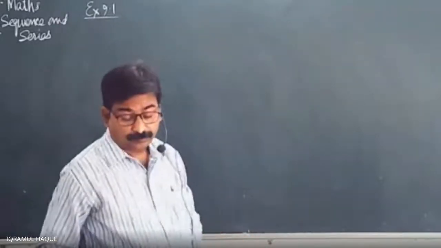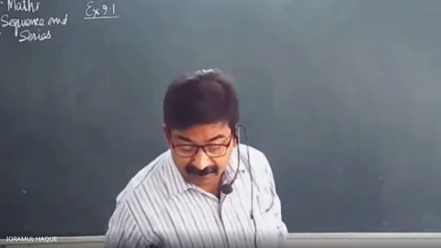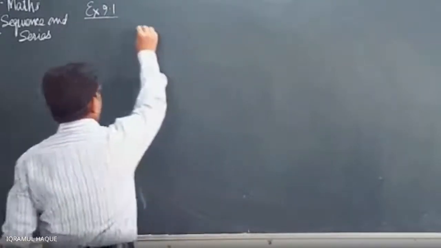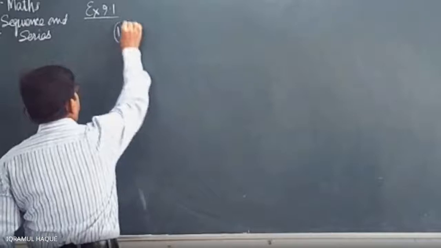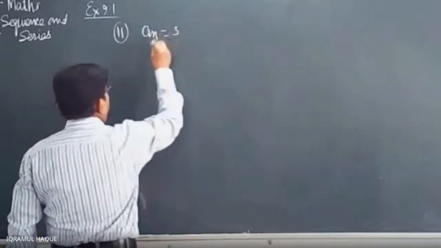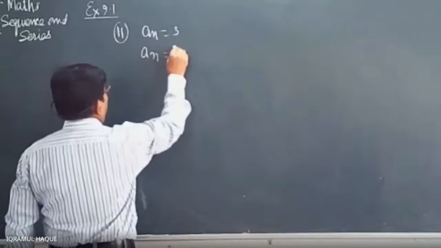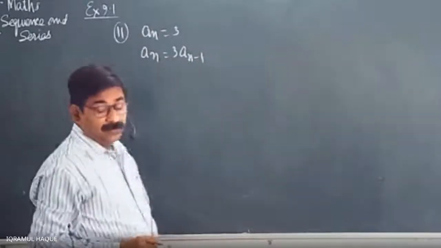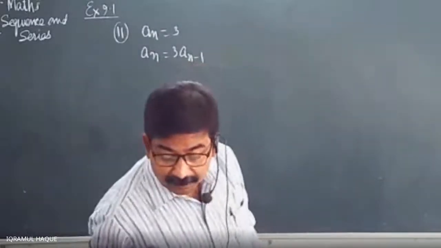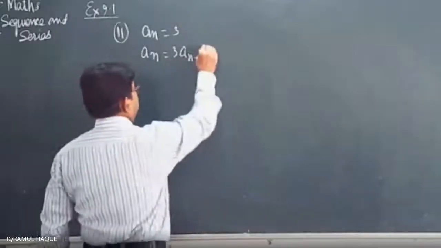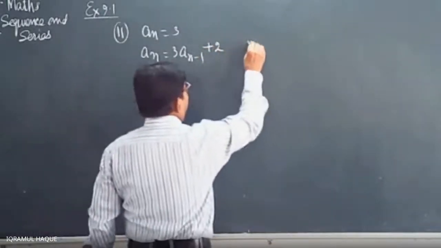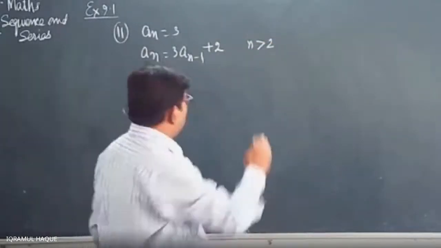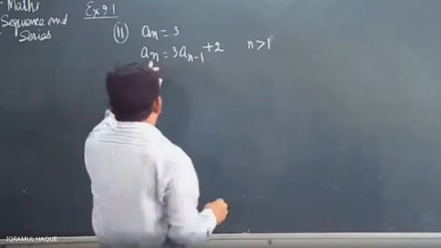See, question number 11: a1 is equal to 3, a_n is equal to 3 times a_(n-1) plus 2, and n is more than 1, because the first term is given.